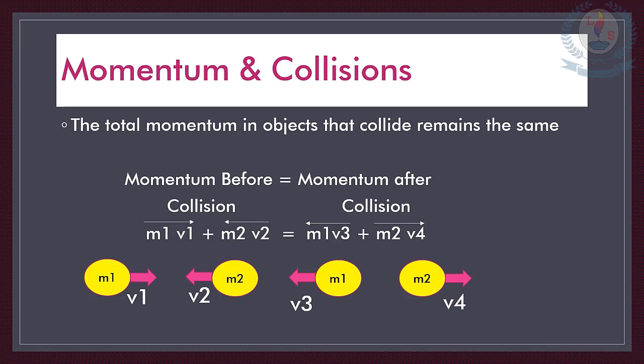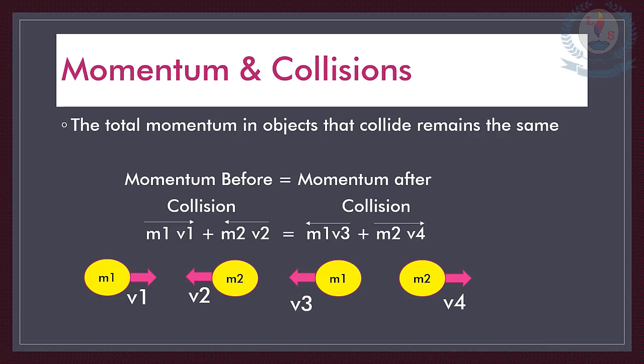In this figure, m1 multiplied by v1 is the initial momentum of the mass m1, and m2 multiplied by v2 is the initial momentum of m2. That is equal to the momentum after the collision.